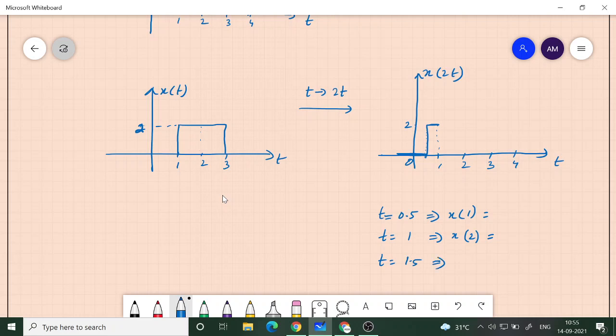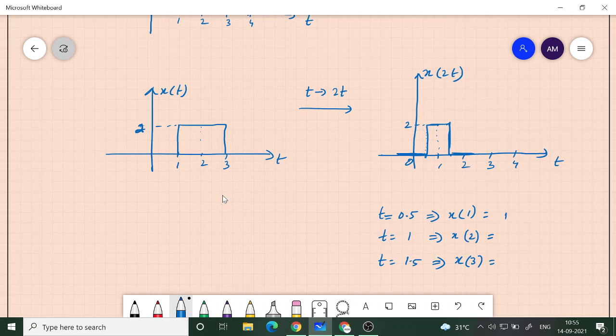Then we will have x of 3. That is where I have the transition back. So 1.5 is a very important point. Anything greater than that, I will have 0. Anything less than that, I will have 2. So this is what I will get.